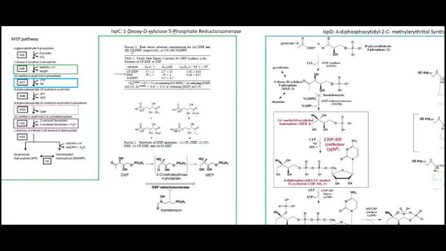But then they also looked at it with this substrate, which is the same as the DXP, except instead of methyl groups, they have C with fluorine on them, with different amounts of fluorine.